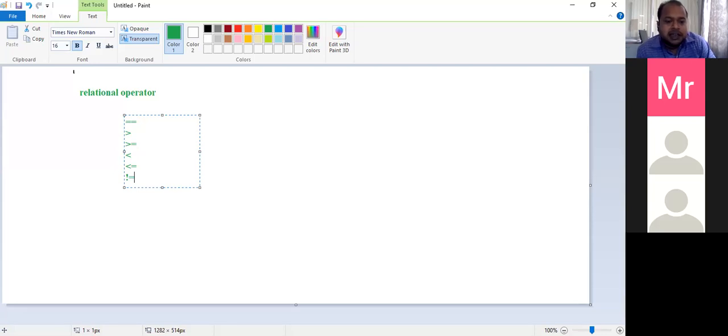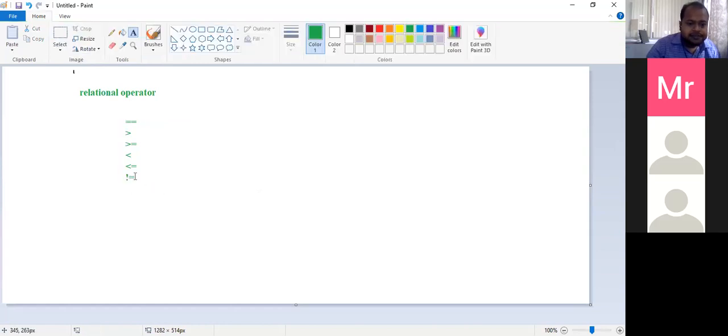To differentiate it, the relational operator that checks whether two variables are equal or not uses the double equal to symbol. Single equal to is the assignment operator and double equal to is the relational operator. Then greater than checks whether the first value is greater than the second value or not, then greater than equal to, less than equal to, and the last one, this symbol, is not equal to.